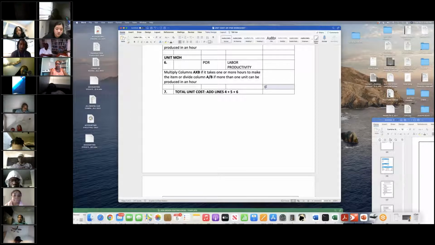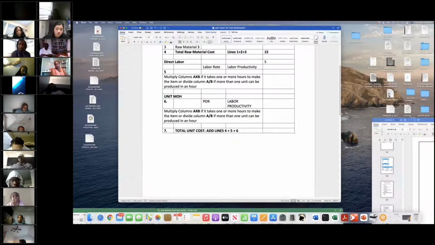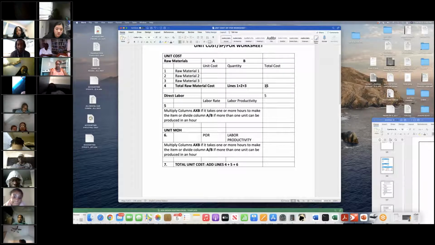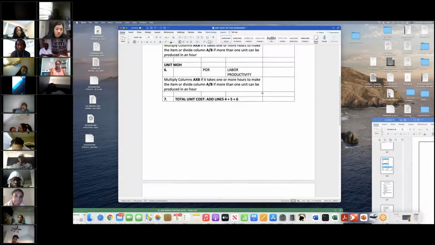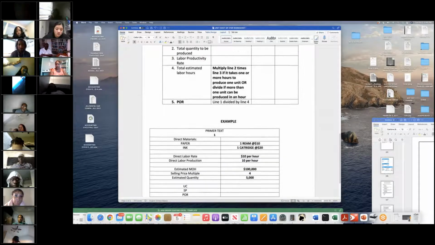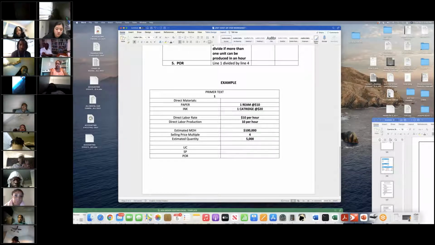So everybody should have this pulled up, have a copy of it available. So let's look at this simple example that we have here that we're going to work. We're talking about this primer. It takes 1 ream of paper to make the primer. That costs $10 each.